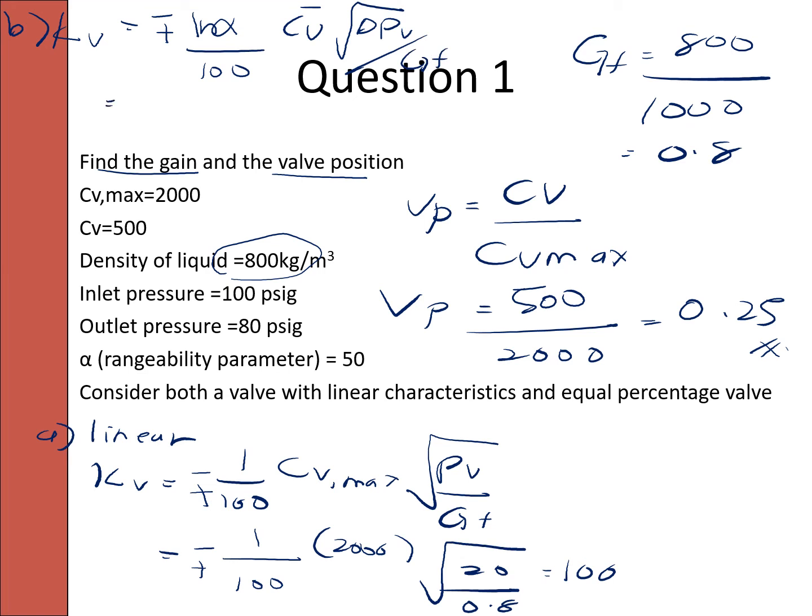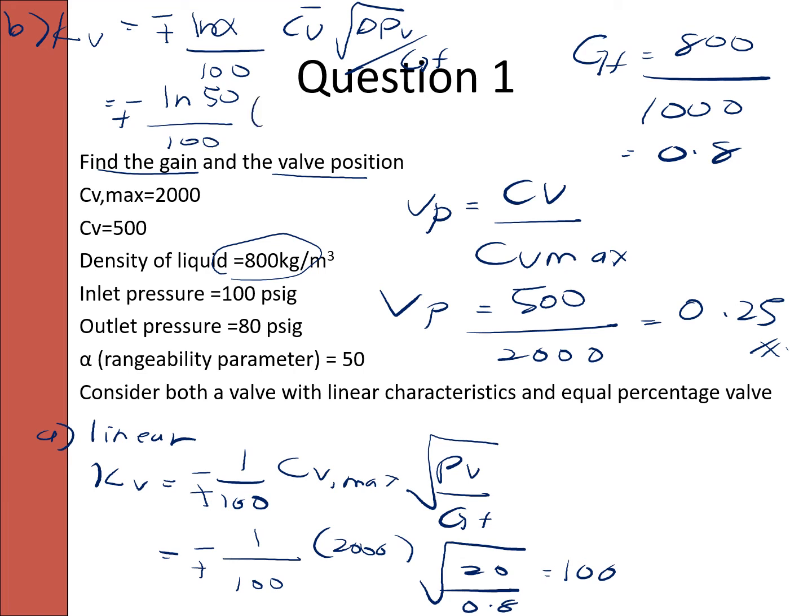So you insert the values. Ln alpha is given here as 50, over 100.